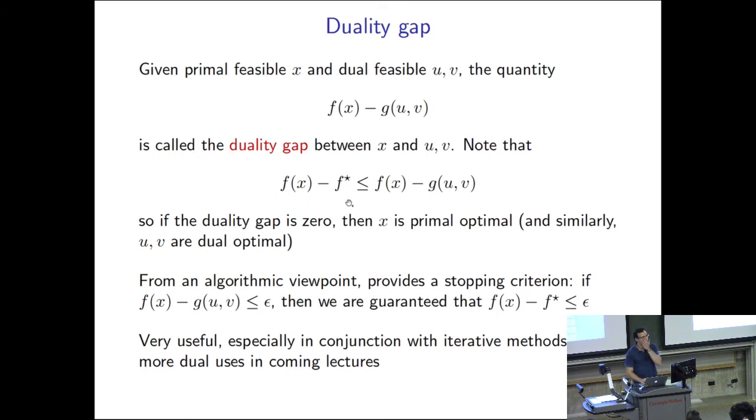It's a super important practical implication of duality. This is our first really rigorous way of stopping an algorithm with a guarantee that we're close to the solution: by recording the duality gap. We'll revisit that when we talk about interior point methods a bit later in the course.